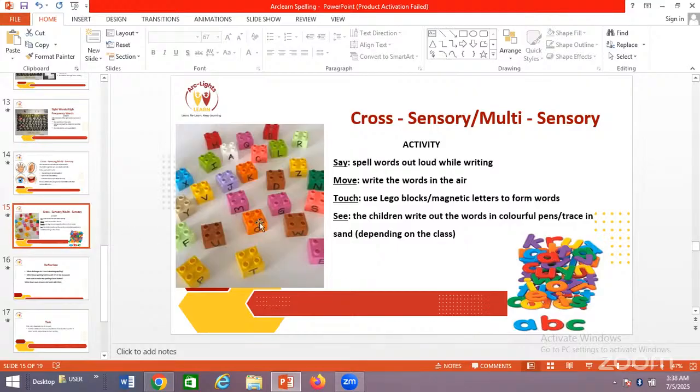Can you see this? The pictures here, the Lego words, the magnetic letters, the Lego blocks. They can use any of these. So those are the topics we are looking at today.